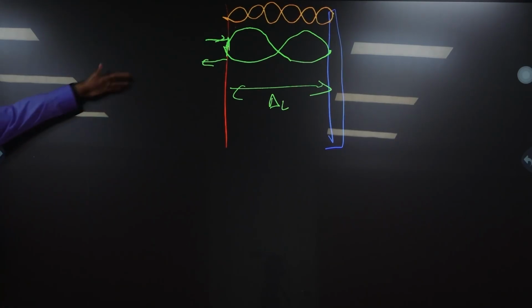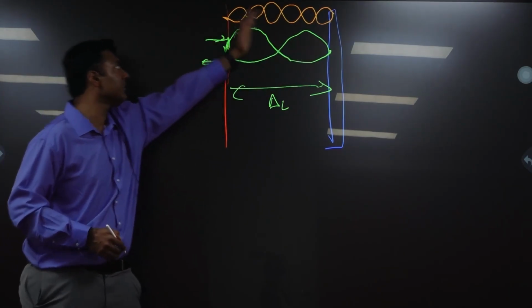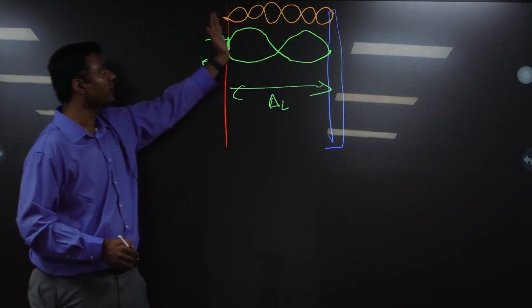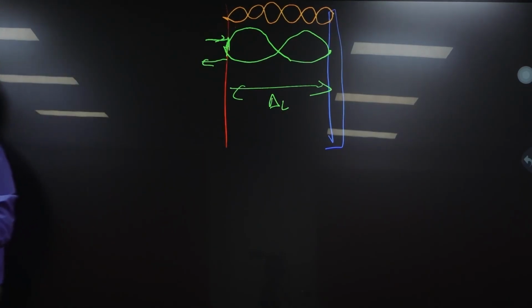So if it is multiples of lambda, 2 lambda, 3 lambda, it will go here, hit the scattering layer, and come back, depending on delta L. If delta L is equal to lambda 1 or 2 lambda 1 or 3 lambda 1, it will be constructive interference.